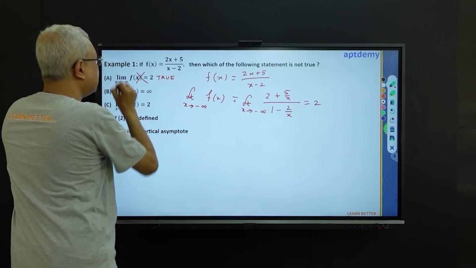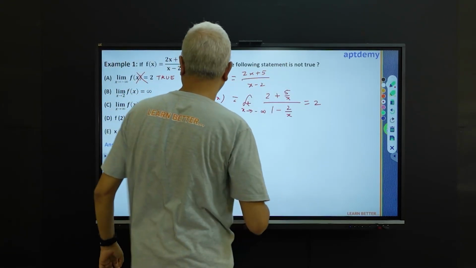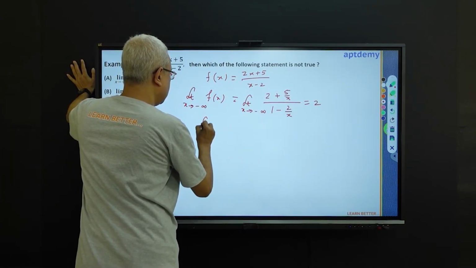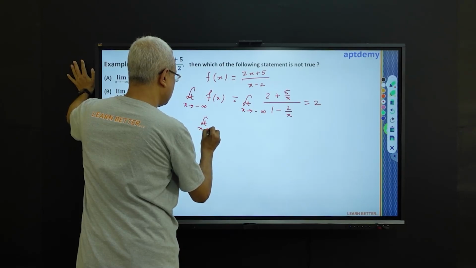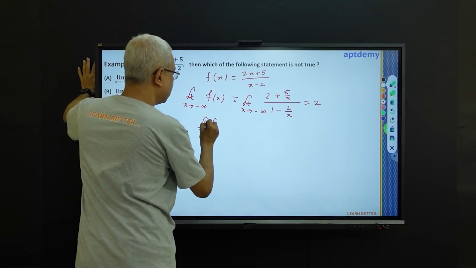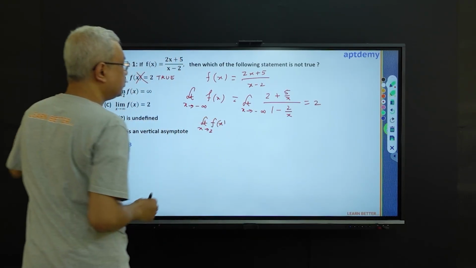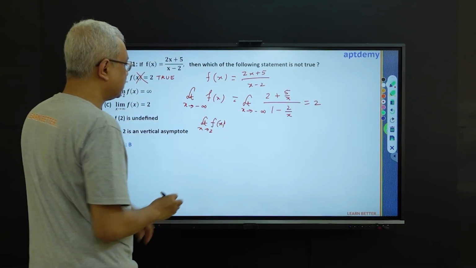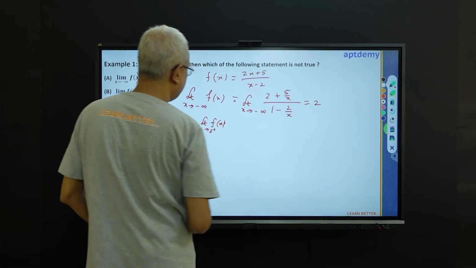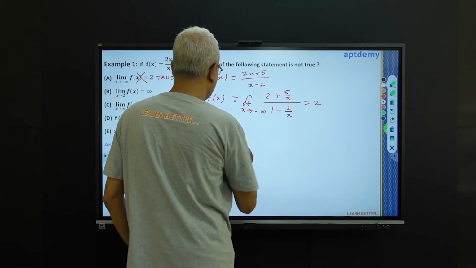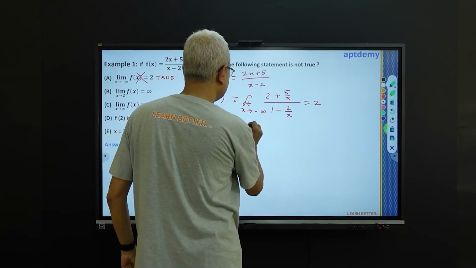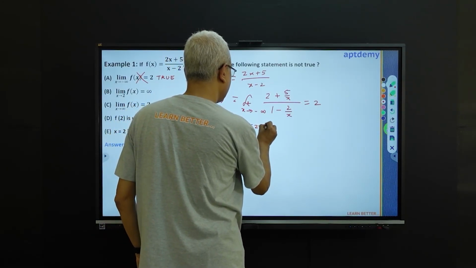So this cannot be the right answer because we have to find out which one is false. Next is limit x tends to 2 f(x), that we have to find out. For finding this limit, let us consider this first. If x is approaching 2 from positive side, we can write x equal to 2 plus h.